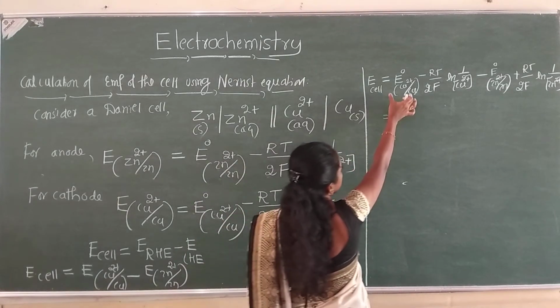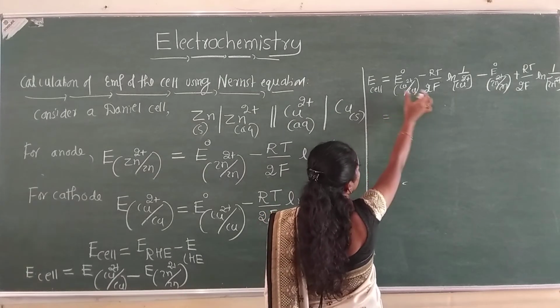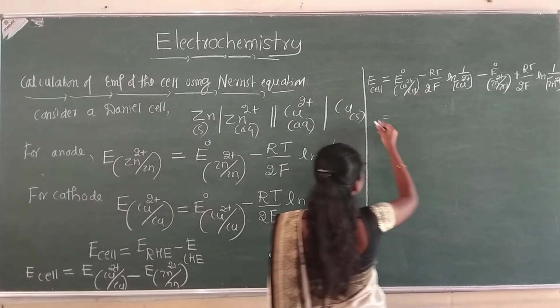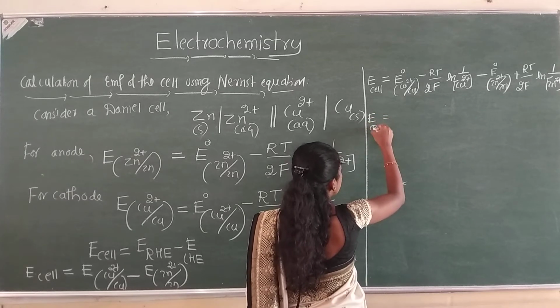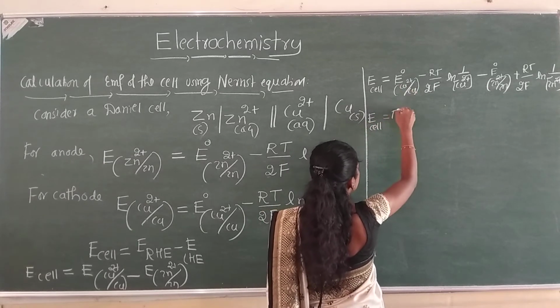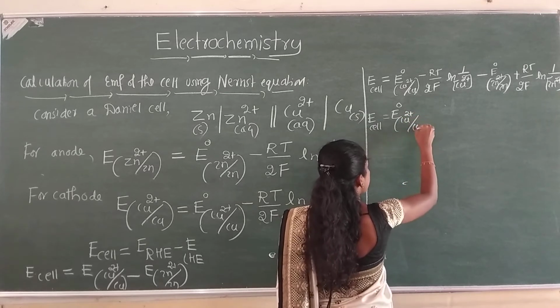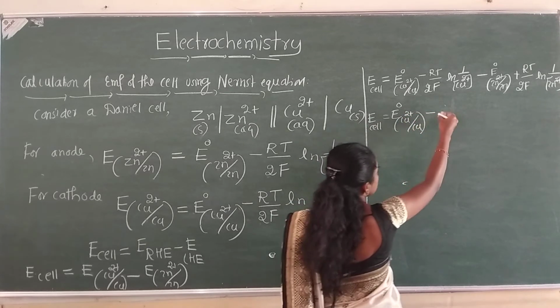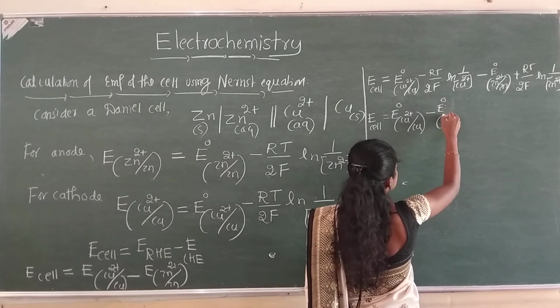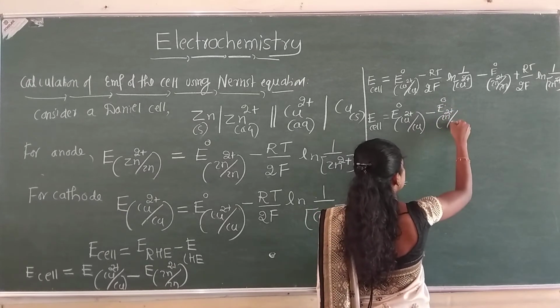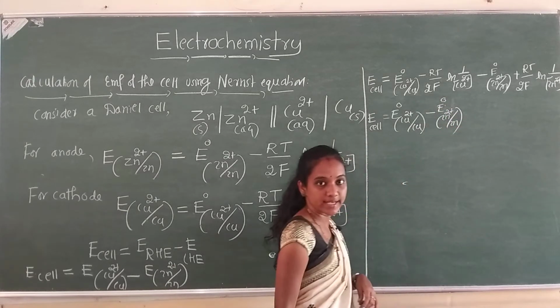Now we can write the standard electrode potential of the copper and the zinc electrode together. So E cell is equal to, let us write like this, E naught of copper minus E naught of zinc.